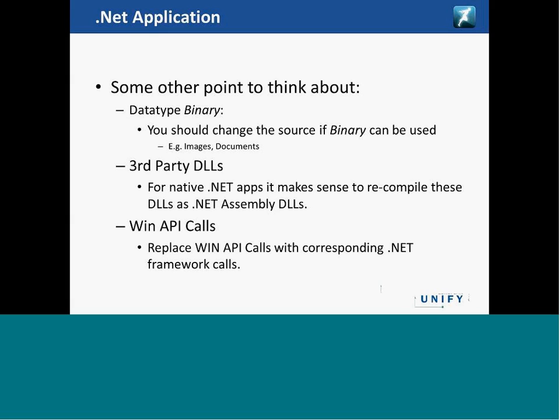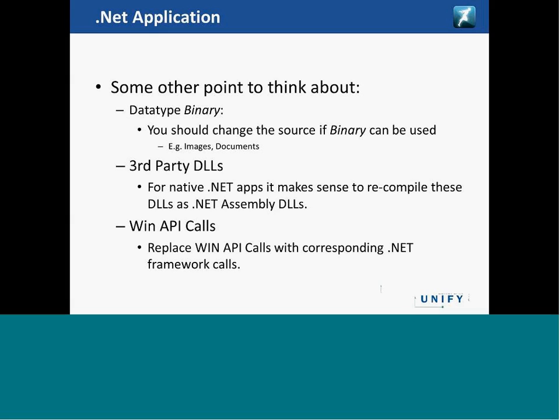And most of the problems we have are with third-party DLLs. So at this point, to create native .NET applications, it makes sense to recompile these DLLs as .NET DLLs. For example, we are dealing at the moment with a few customers in Europe, and they have all these DLLs based on C# or C++, and they want to create .NET assemblies for these DLLs.